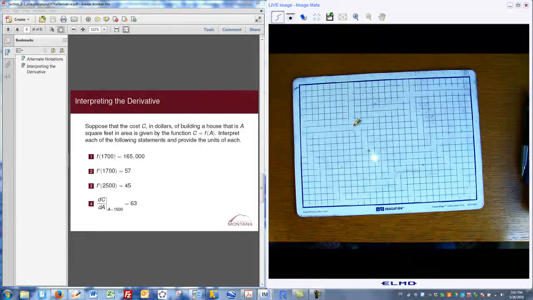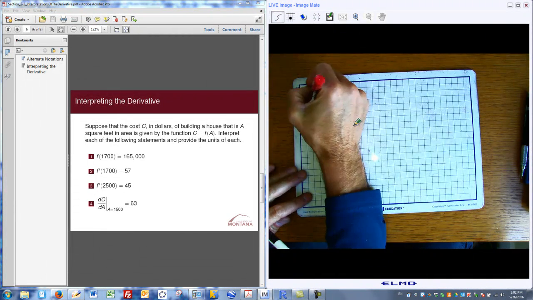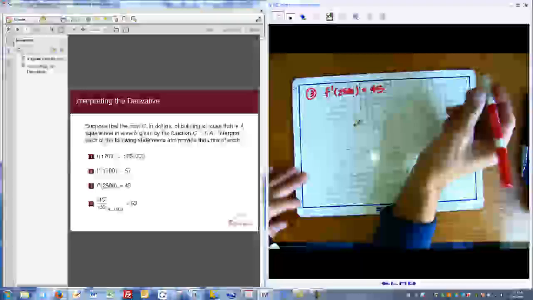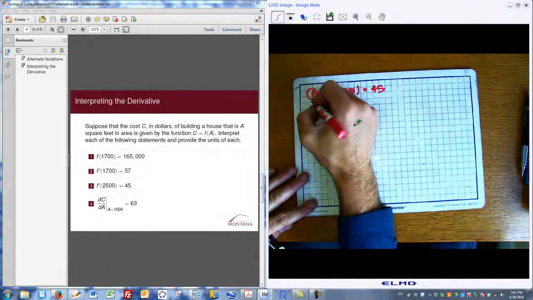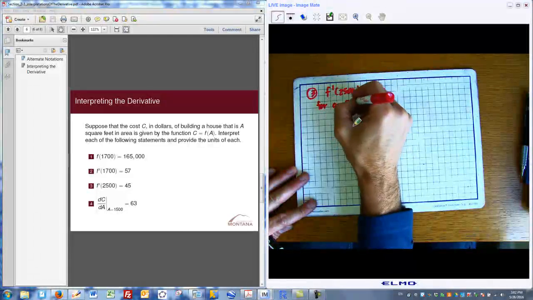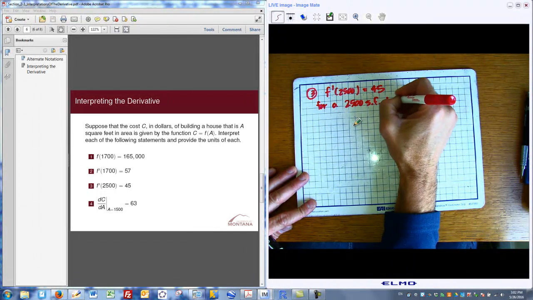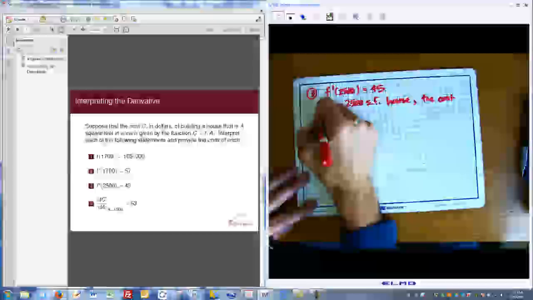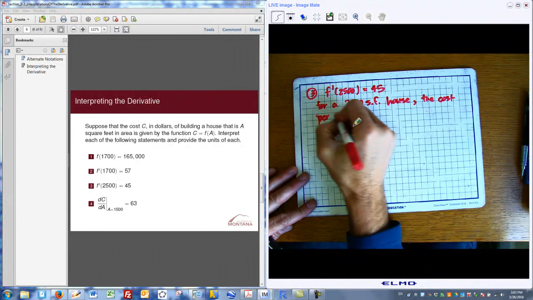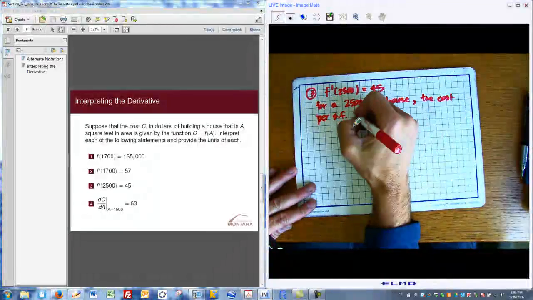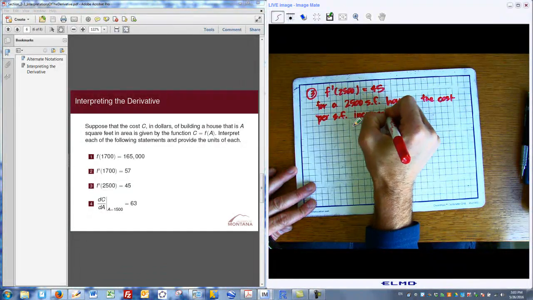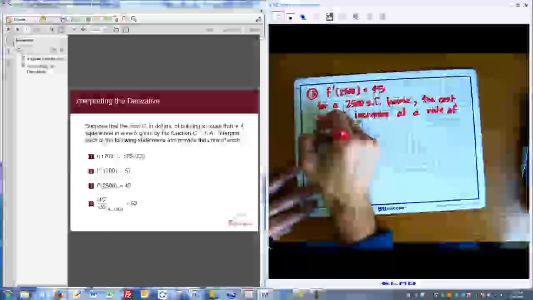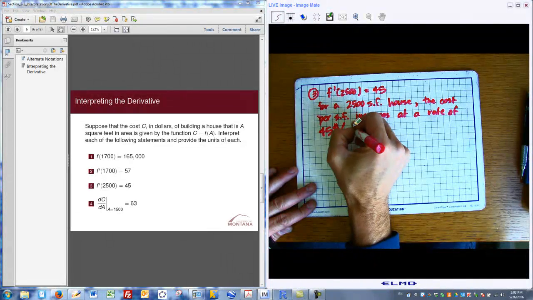So number 3, we're asked, what does f prime of 2,500 equals 45 mean? Similar to the last one, what that means is that for a 2,500 square foot house, the cost per square foot increases at a rate of $45 per square foot.